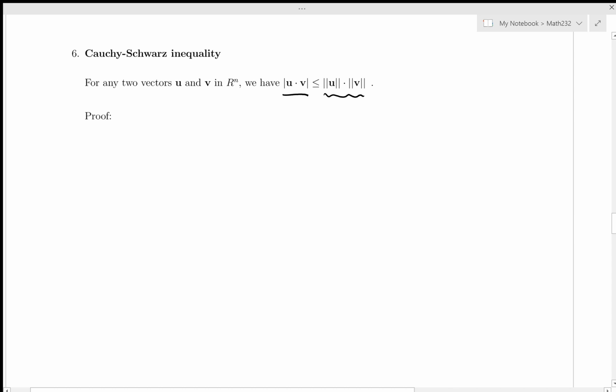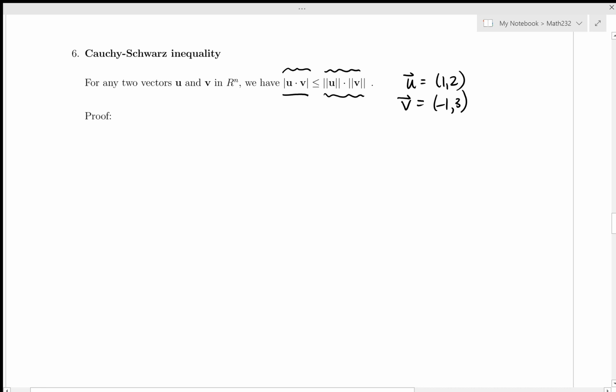So use an example. I did this, and I'm not going to work out all the details, but just take some very trivial example, like put u like that and v like that. Then calculate the absolute value of the dot product with this u and v, and then calculate the product of the norms and see what happens.